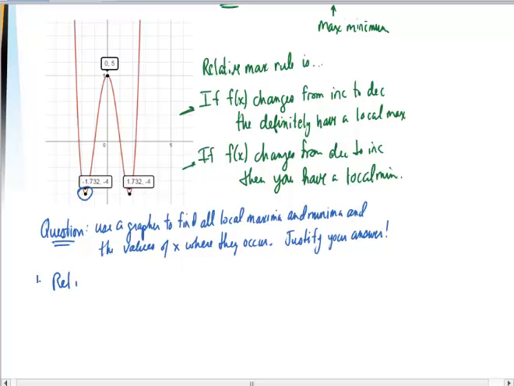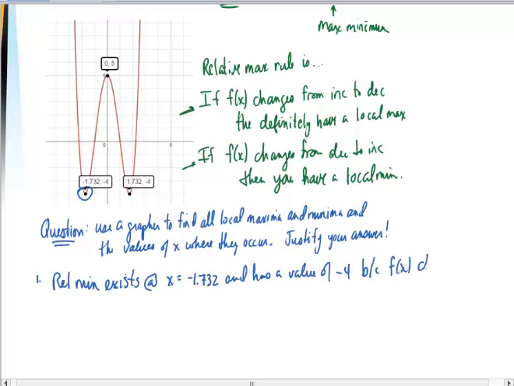A relative min, or local min, exists at x equals negative 1.732 and has a y value of negative 4.